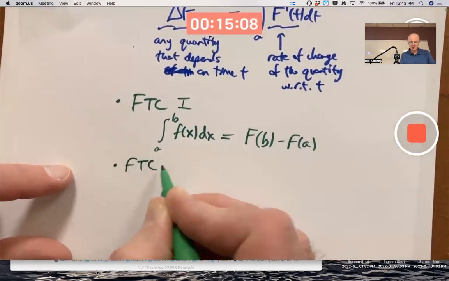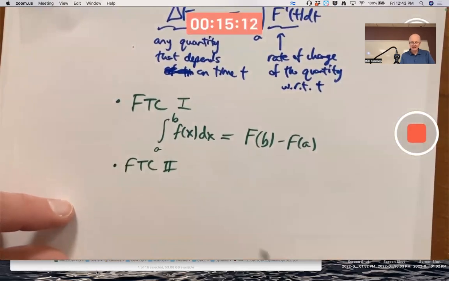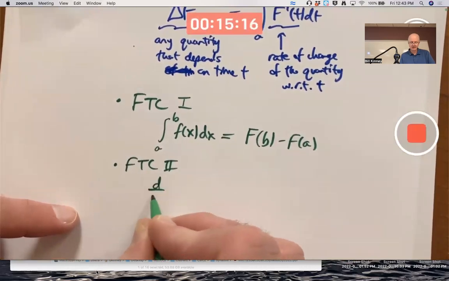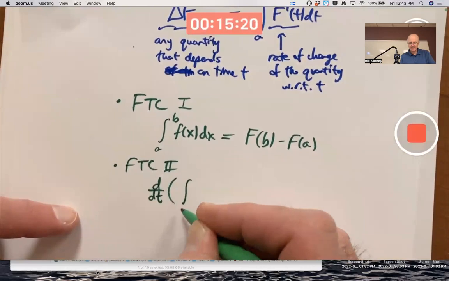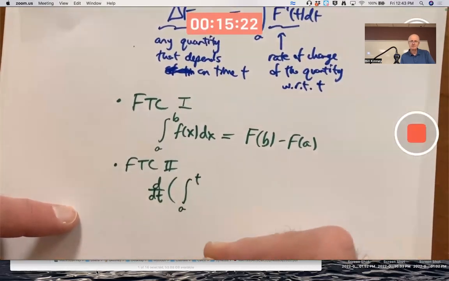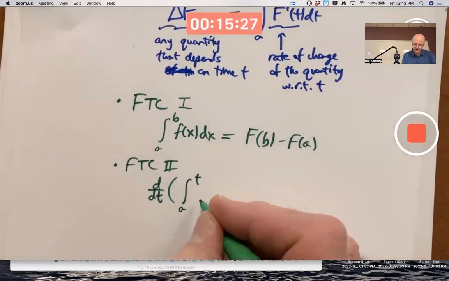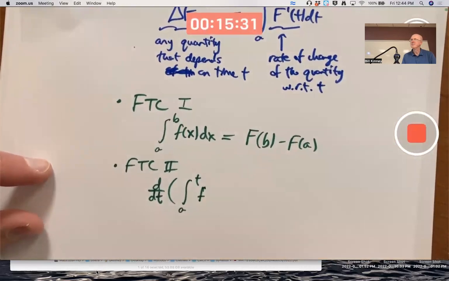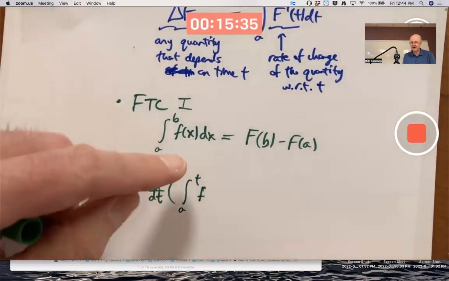The FTC2, which some books call FTC1, also tells us about the rate of change of integrals. Let me go back to using t here, when the variable is in the upper limit of the integral. For a given function little f, we define a new function by integrating little f from some number a to a variable number t.